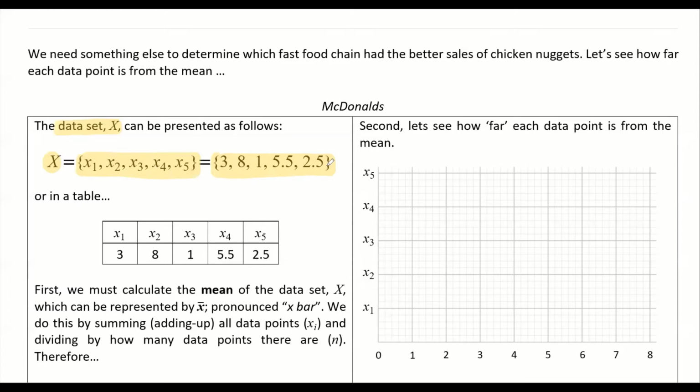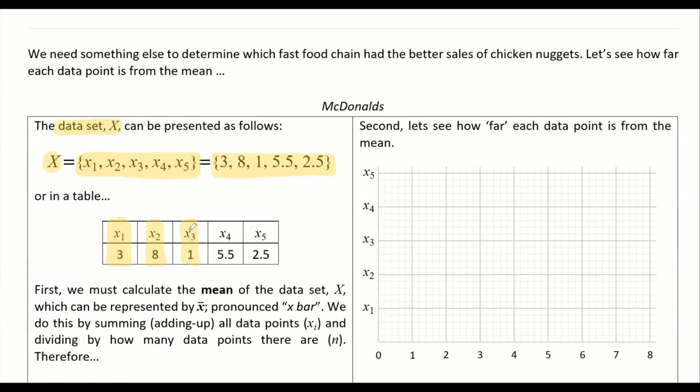So we could put them in a table like this, and you can see that X1 corresponds to 3, X2 corresponds to 8, etc. All right, so that's a couple of different ways of presenting data. Well, 2 in this situation.